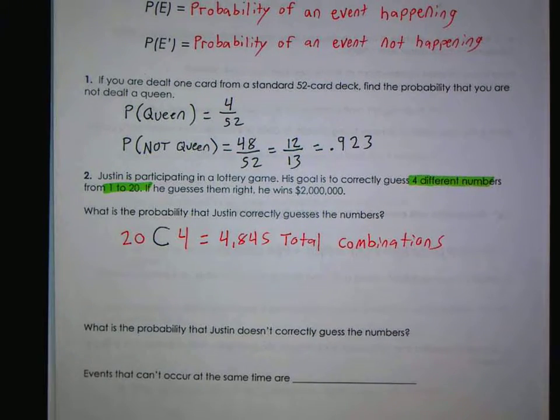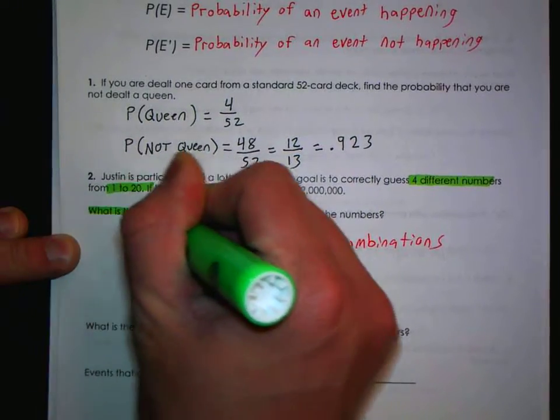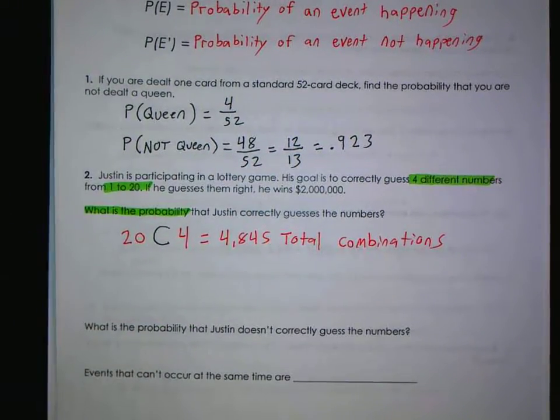Probability, because it doesn't say how many different combinations are there. It said, what is the probability? Well, how many combinations of winning numbers are there? There's only how many sets of winning numbers? Well, you're picking 4 numbers, but there's only one combination of those 4 numbers that's a winner.